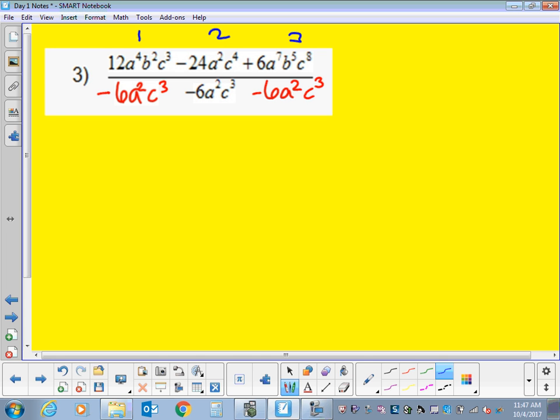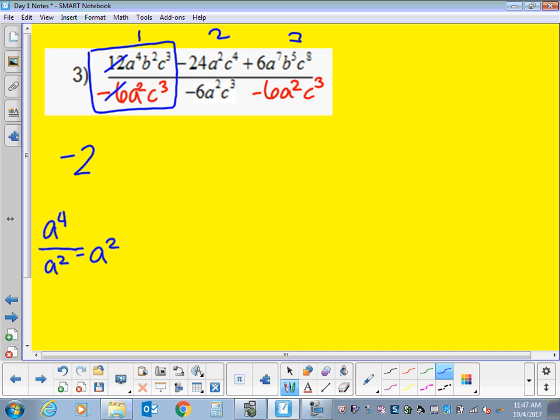All right. Let's start with the first one here. We always look at our numbers first. What is 12 divided by negative 6? Negative 2. And then, what's a to the 4th divided by a squared? It is a squared.